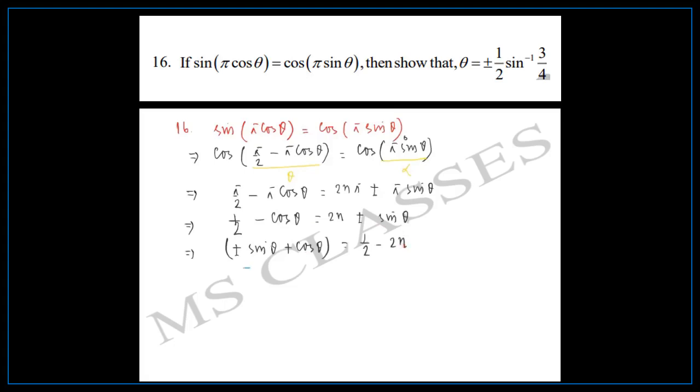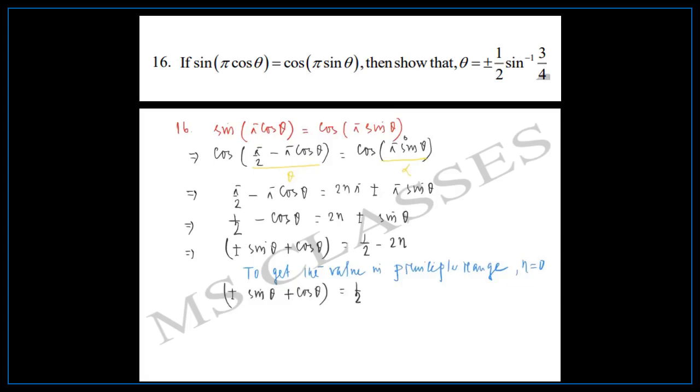So to get the value in the principal range, we put n equal to 0. Now, after putting n equal to 0, what we get is plus minus sin theta plus cos theta equal to half.